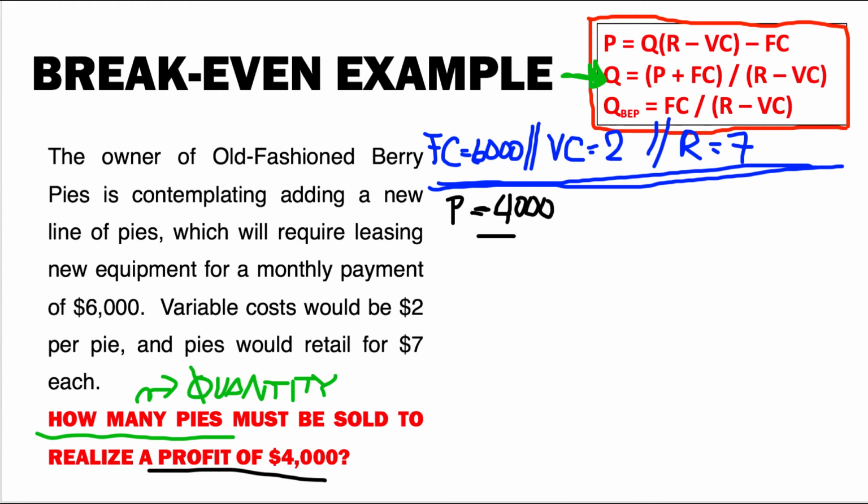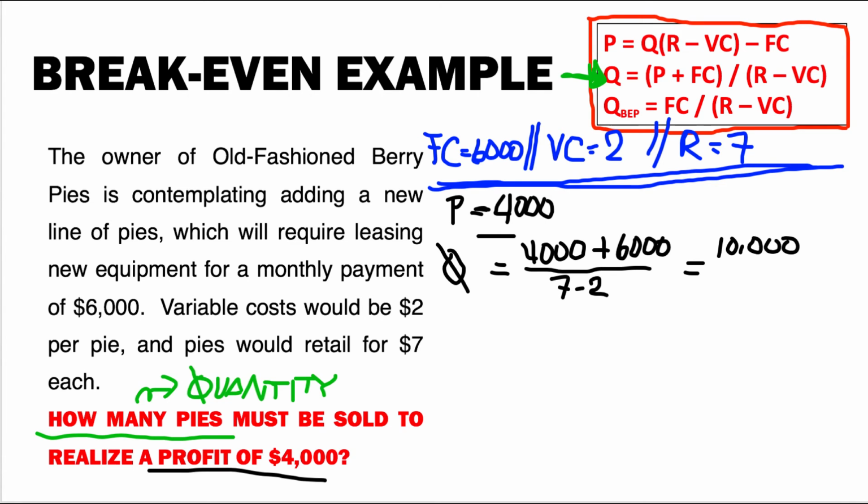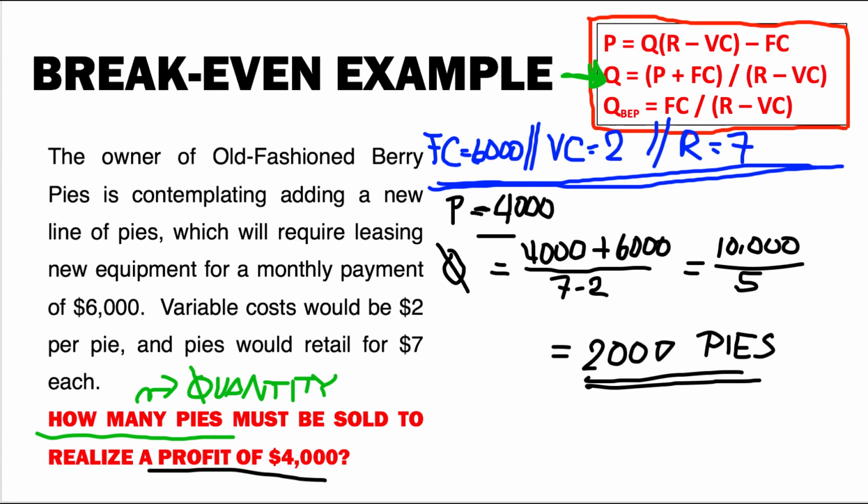All right, let's do this. So Q equals (4,000 plus 6,000) divided by (7 minus 2). That gives us 10,000 divided by 5. And so Q equals 2,000 pies. To answer this question, 2,000 pies must be sold to realize a profit of $4,000.